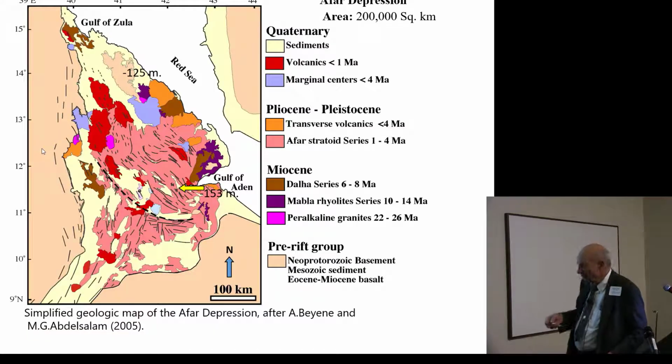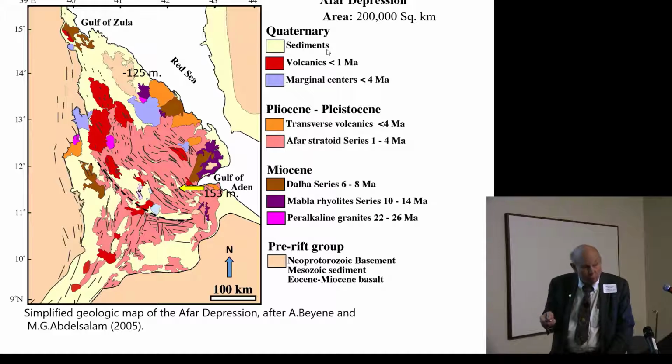Geology slide. This is important because this is what you get at the beginning of these basins as the plates spread apart. And here we have the Danakil Horst, which prevents the sea from coming into this low area. And in this area we have Pliocene volcanics. We have recent volcanics in the red, which are basaltic volcanics, giving off a lot of CO2.